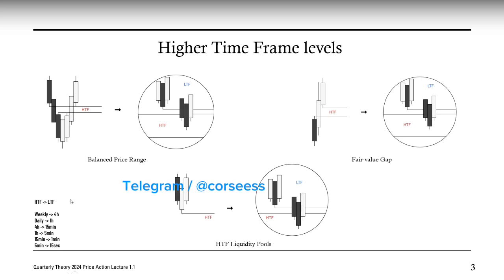So price must be above the 50% range of the imbalance for this to actually be fruitful to you. But the best setups will have the low right above the imbalance or right above the higher time frame level.